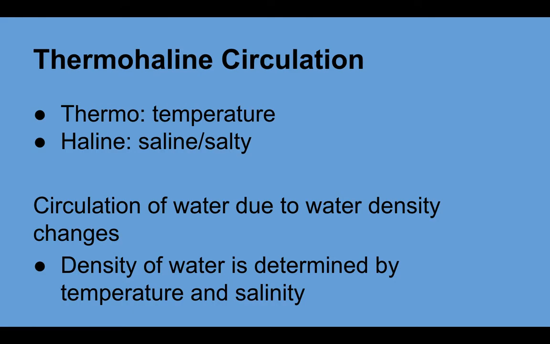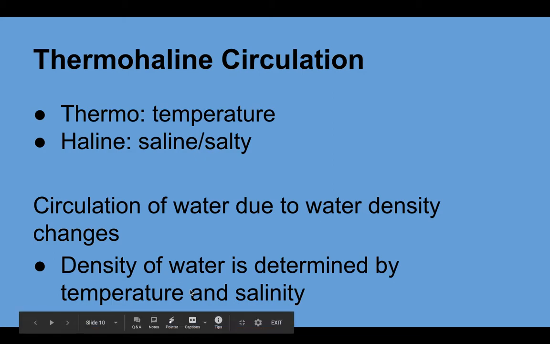So this is circulation that's driven by the temperature and salinity, the amount of salt within the ocean, because those two things are what determine the density of water. So the colder water is, the more dense it's going to get, and the more saline it gets, the more salt you have in it, the denser it gets.